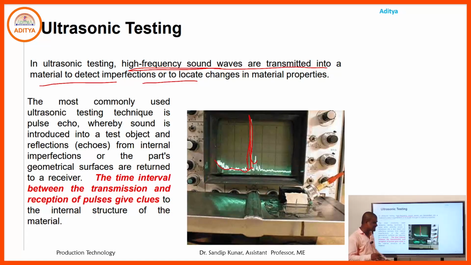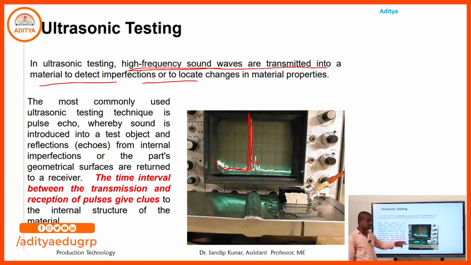Otherwise, in normal cases, the wave will be like a straight line. Based on that, we decide whether any problems or defects are present in that particular welding joint. That is the main thing in ultrasonic testing.